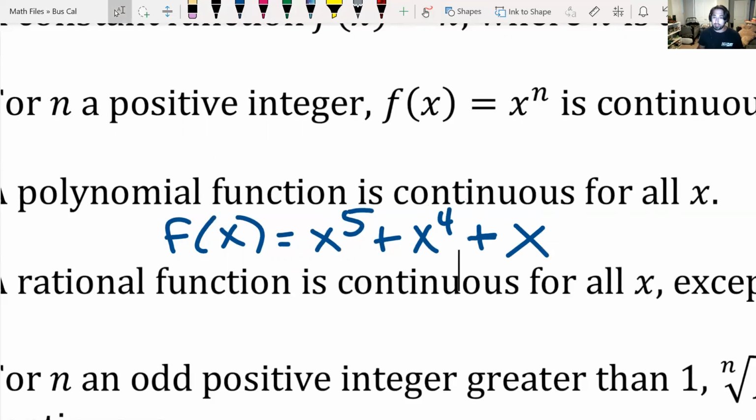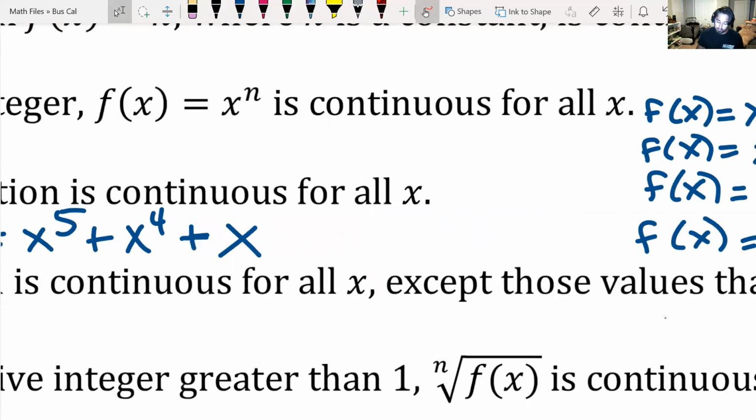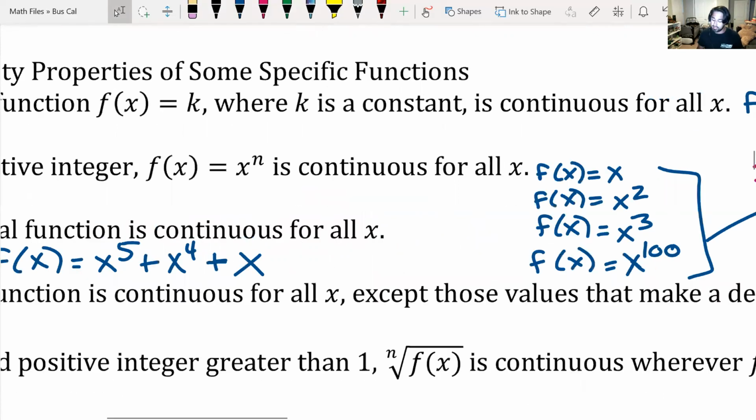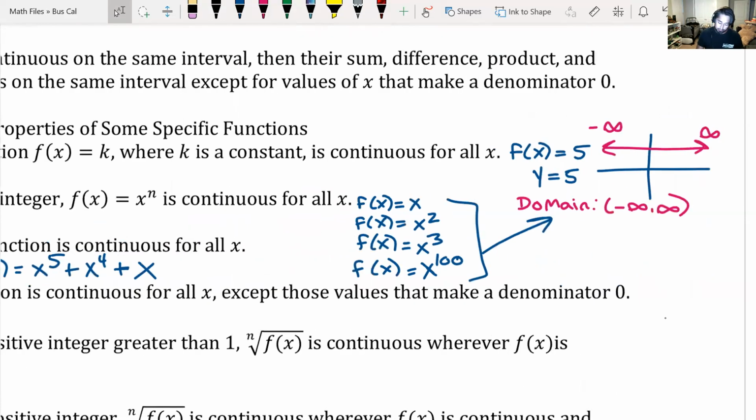And no matter what type of polynomial I have, the domain for that will, guess what it's gonna be? Negative infinity to infinity. Now, they don't share the same graph. I'm just saying they share the same domain.